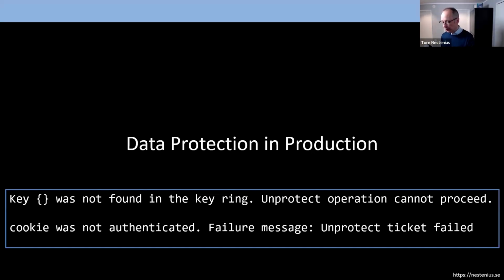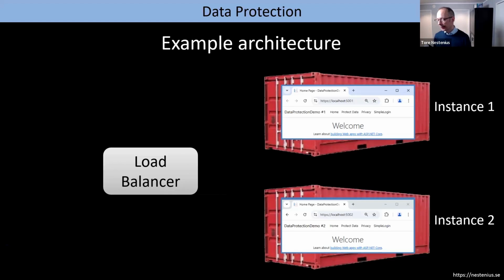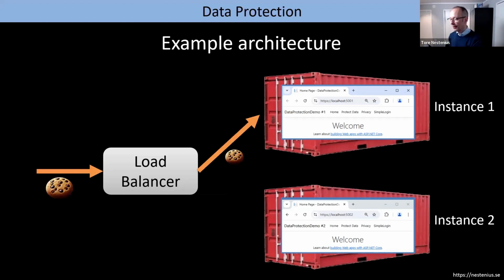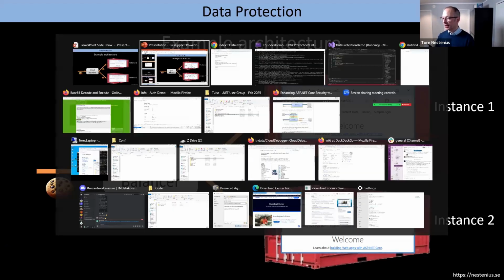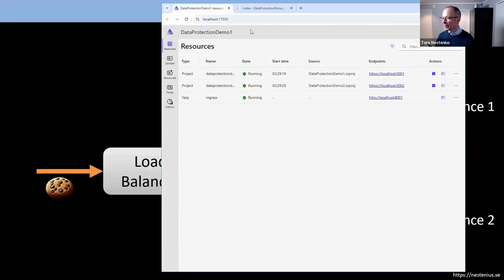So what is going on? In my sample application here, I do have two instances of my application. I do have a YARP load balancer proxy that will take incoming requests and then do a round robin between those two instances.